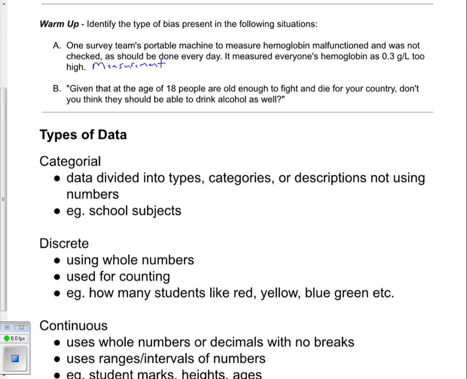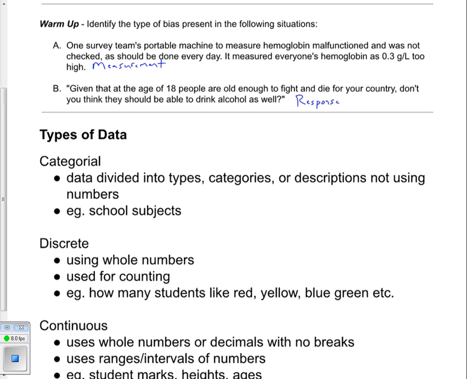And so this is an example of a response bias. The person asking the question is trying to influence the response of the person being asked, by saying, at 18 you can fight and die, but you can't drink alcohol. That's the answer they want, but they're trying to influence the person's answer.